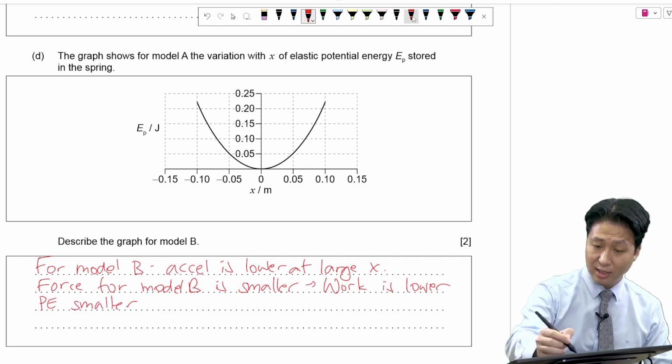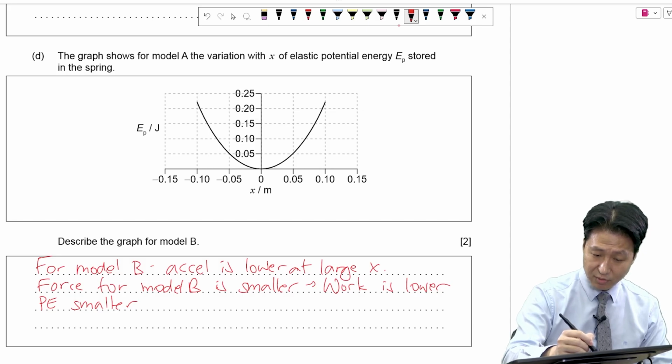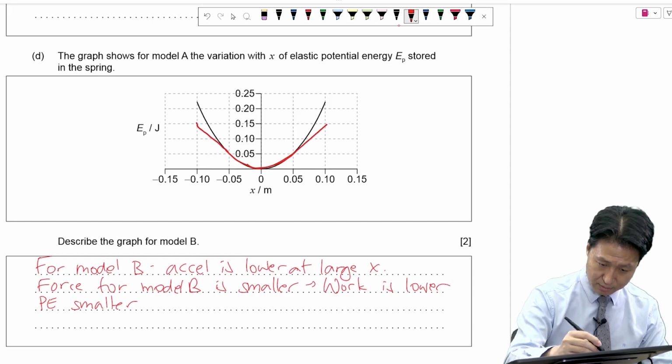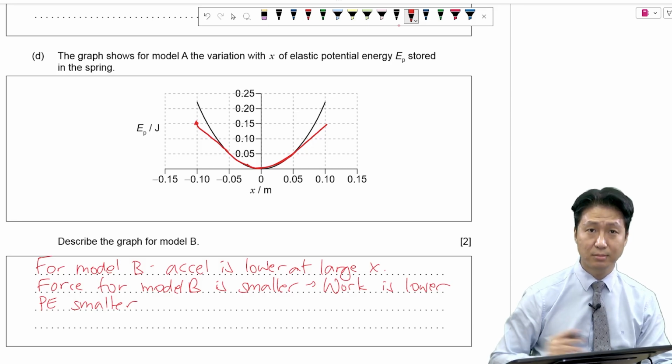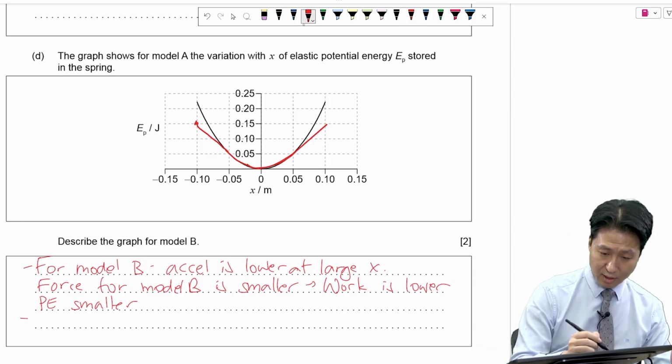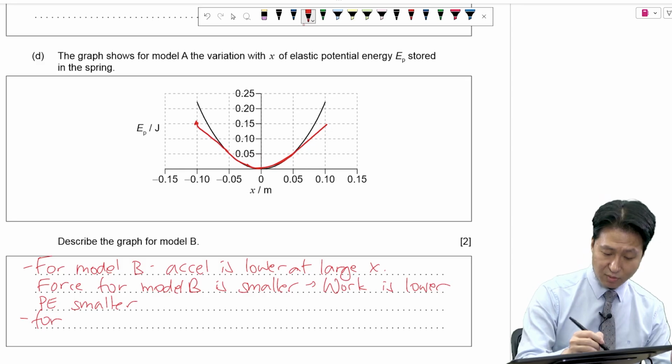So what it would look like if I were to draw here is up to a certain point, it will look almost the same, but then it will not go up as much. So for lower displacements, it would be almost the same.